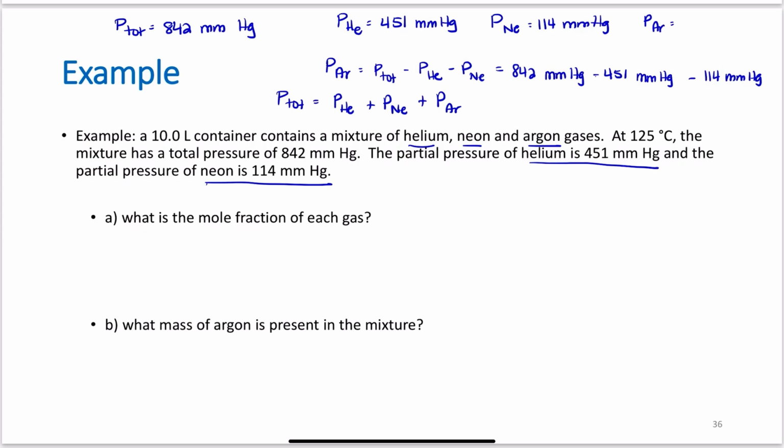I actually calculate this out. I don't actually have to do this, but there are different ways you can do this problem, so some students are going to see it better this way. 451 plus 114, let's see, 277.